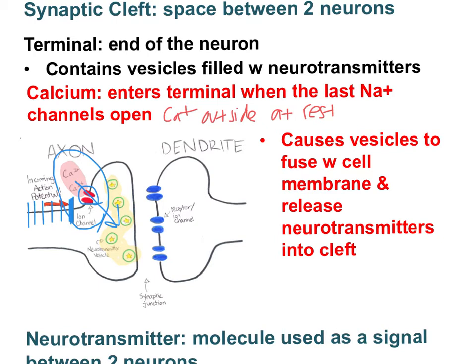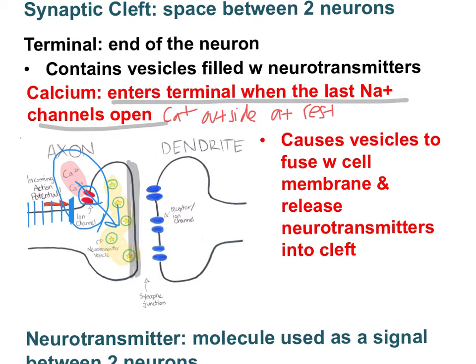to the cell membrane. So calcium is going to cause those vesicles to fuse with the cell membrane here and essentially open up and spill out the neurotransmitter. So calcium enters when the last sodium channel opens.